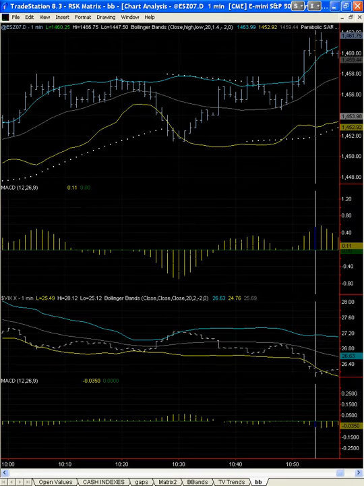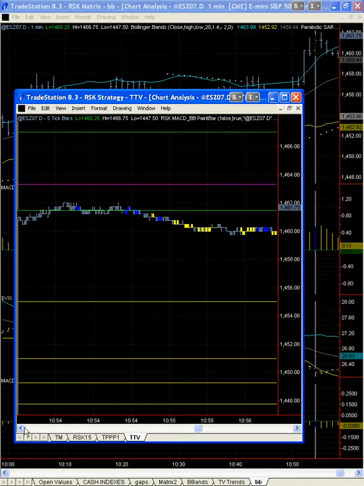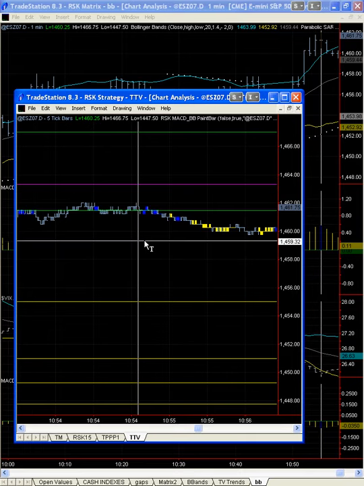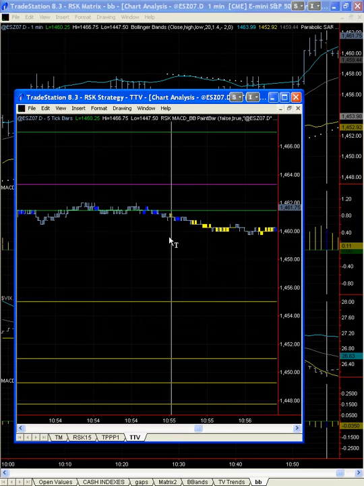This is where we're at on the tick chart. And that doesn't happen until right here. Right? So if we were to take profits or to go short, that would be where we would go into a short. Right in here.